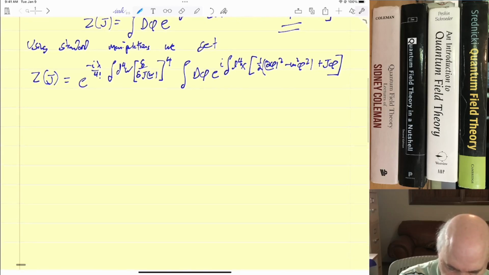And this is equal to some constant, which we're not going to worry about, and then e to the minus i lambda over 4 factorial, the integral d^4w. And then you can manipulate the sources.